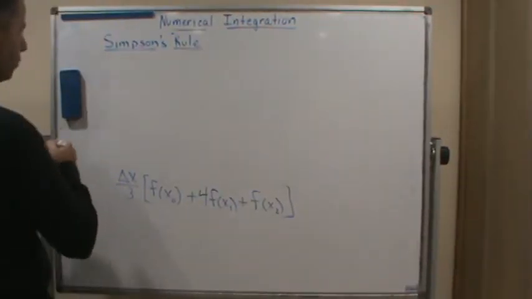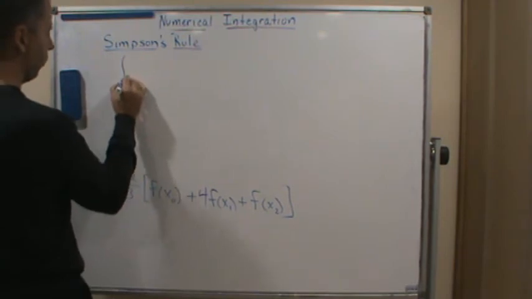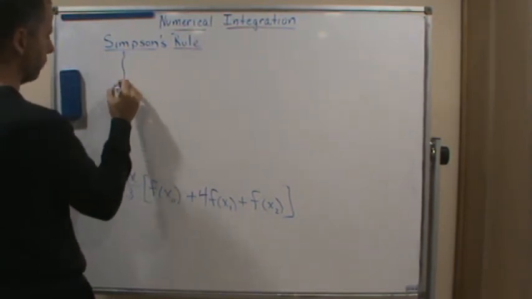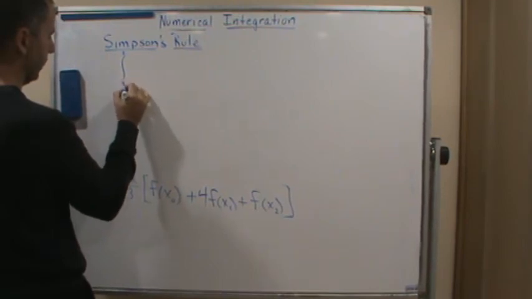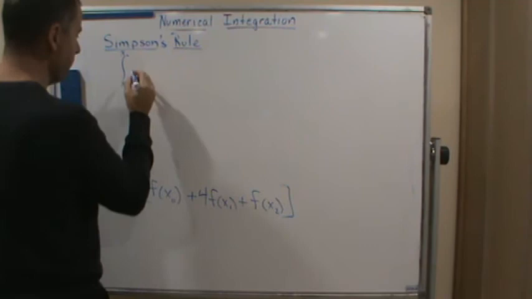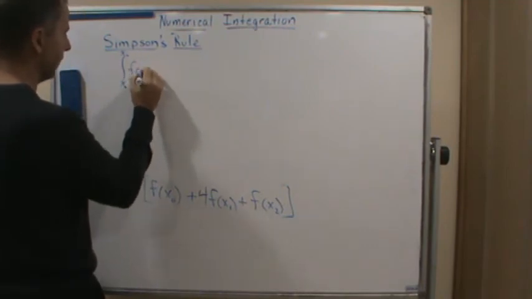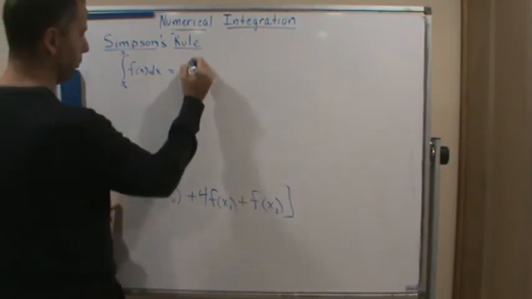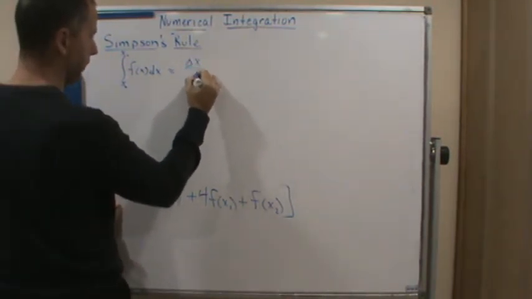So we know the approximation from x0 to x2 of f of x dx is approximately equal to this.